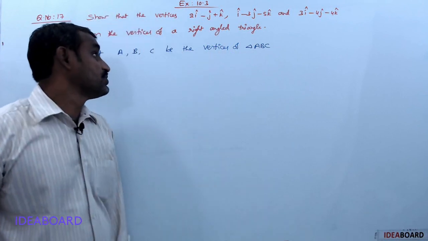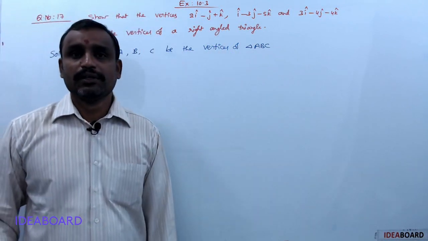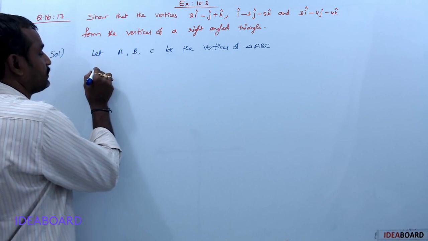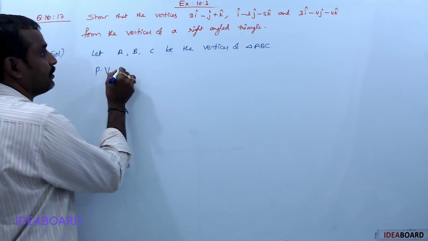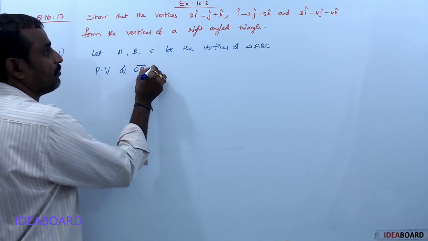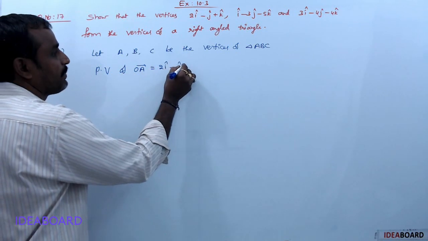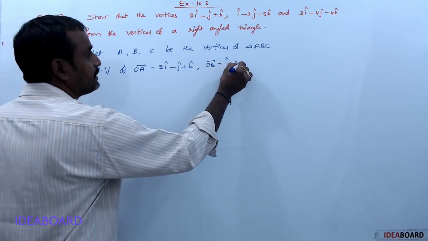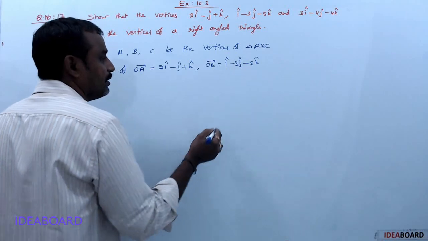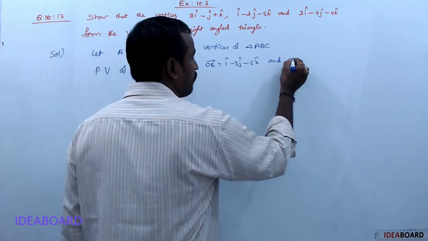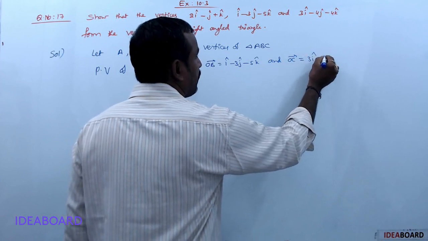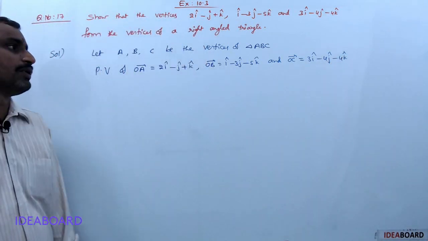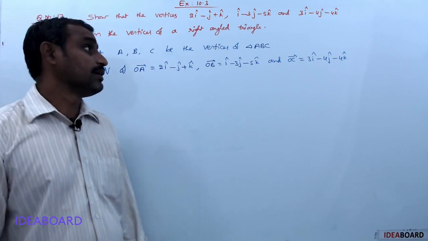So the position vectors are OA bar equal to 2i cap minus j cap plus k cap, OB bar equal to i cap minus 3j cap minus 5k cap, and OC bar equal to 3i cap minus 4j cap minus 4k cap. These are the position vectors of triangle ABC.